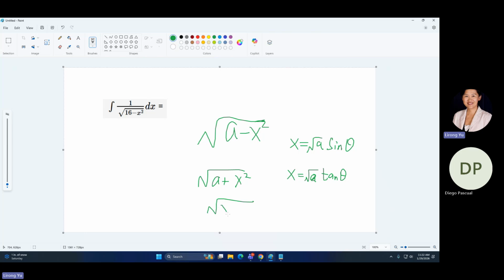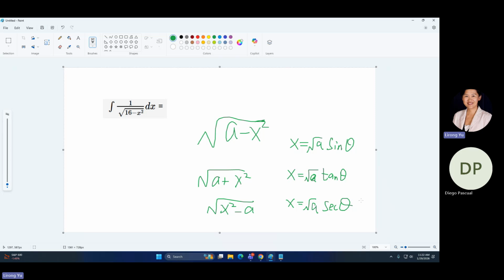If it's the root of x squared minus another number, then we have x equal to root of a times secant of theta. So those are the three types of substitution: sine substitution, tangent substitution, and secant substitution. When we have a sum of squares, we do tangent substitution. When we have a number minus a square, we do sine substitution.